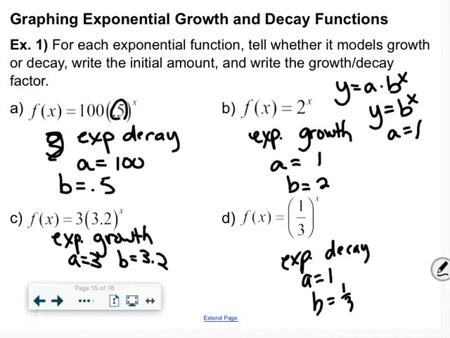All right, when you're ready, flip the page. And I believe you guys did this in Algebra 1 as well, so we'll just get the cobwebs out. Compound interest is an example of exponential growth and is interest paid on the initial investment and on previously earned interest.